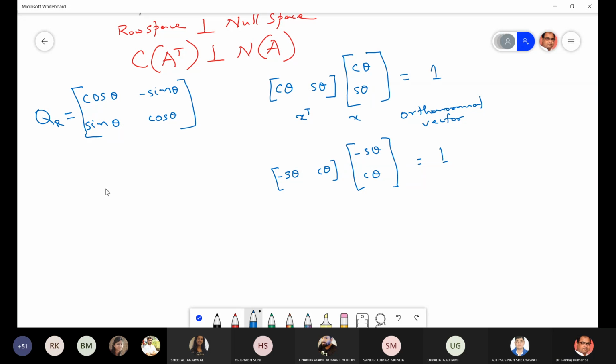Rotation. If at all you have studied computer graphics, you must have studied this rotation matrix.